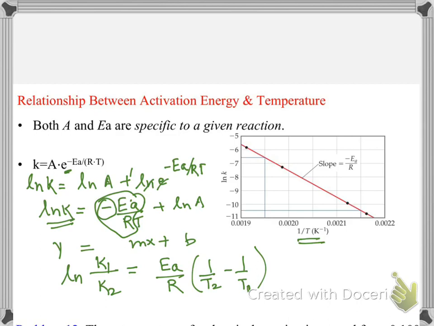If the two rate constants at two different temperatures are given, then you can find out the EA value, because we can just plug in the value of R. What is R? It's the gas constant, and you use the value 8.314 joule per mole Kelvin. And keep in mind that in all of these, temperature always has to be in Kelvin.